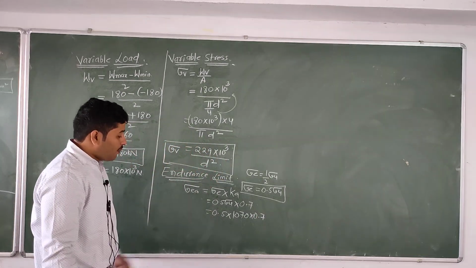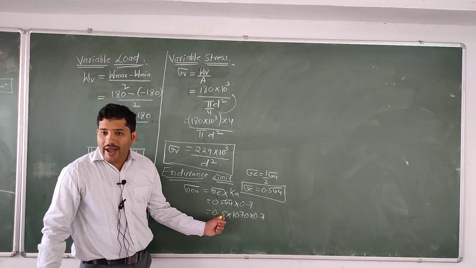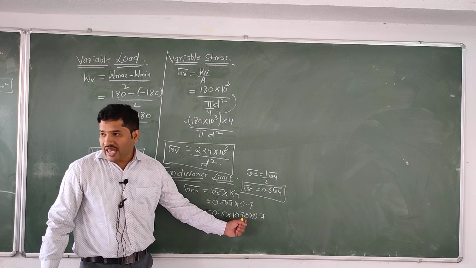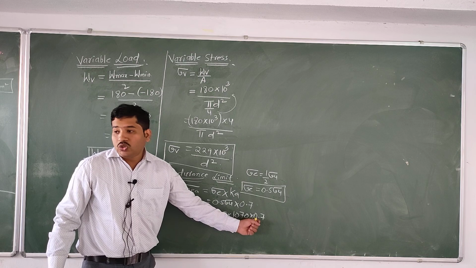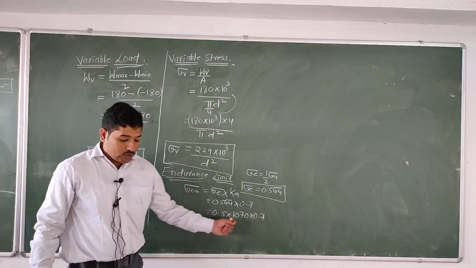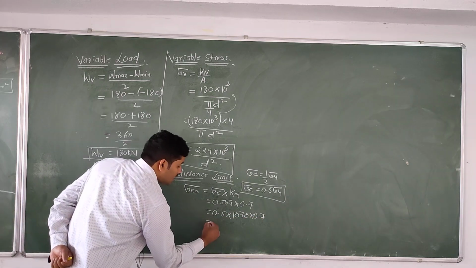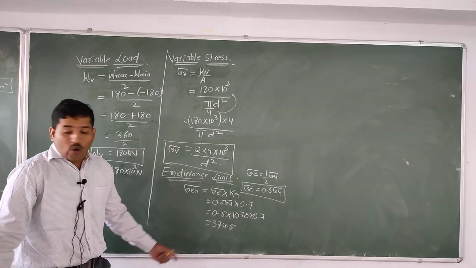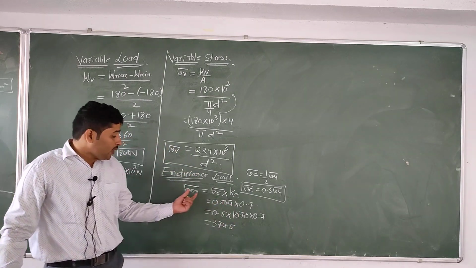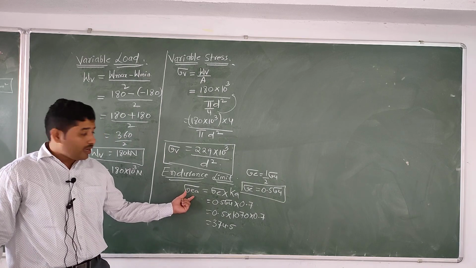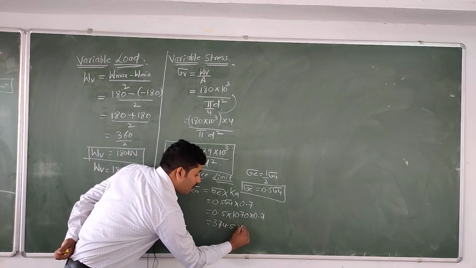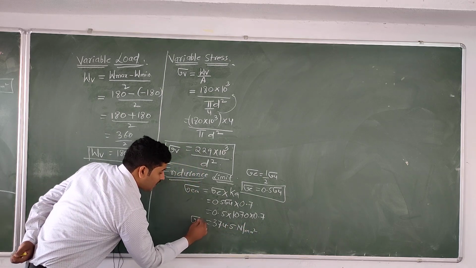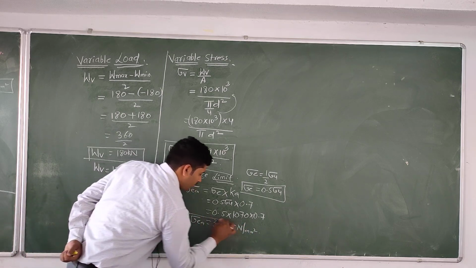If you multiply 0.5 into 1070 into 0.7, then you will get the answer 374.5. So what will be the unit? The unit of endurance limit is Newton per millimeter square. So that is the sigma EA value.